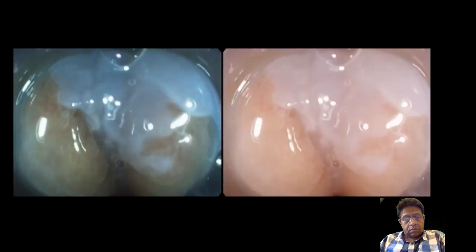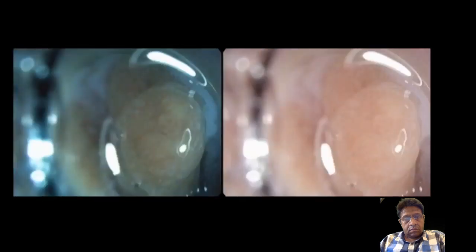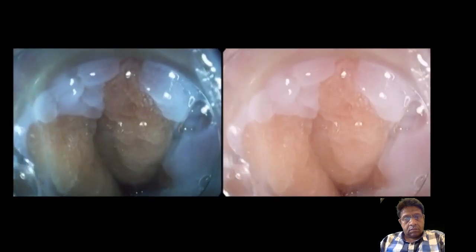The whitish acetic acid staining makes the surface structure more visible, and a short tongue of Barrett's appears on the left.